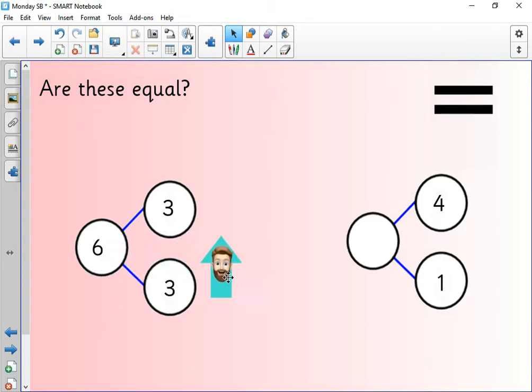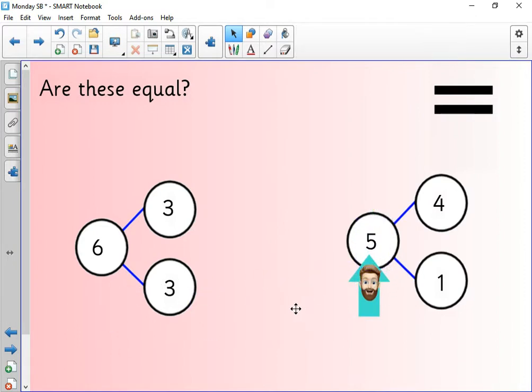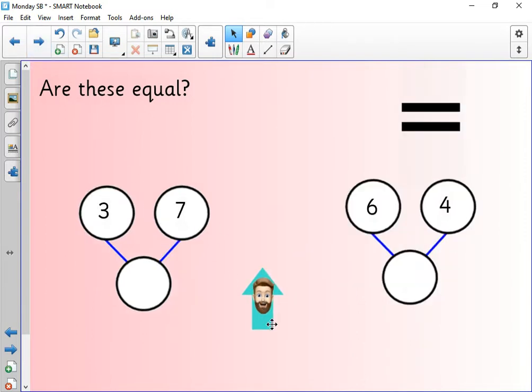I wonder if the next one is 6 too. 1 add 4 make, shout out, 5. Can I use my equal sign? No, I can't use my equal sign because this part-whole model is 6 and this part-whole model is 5. They're not equal.